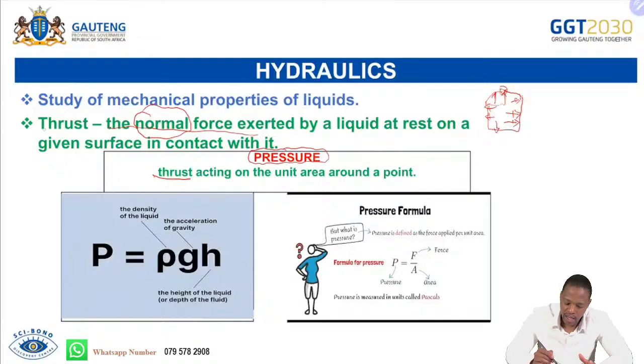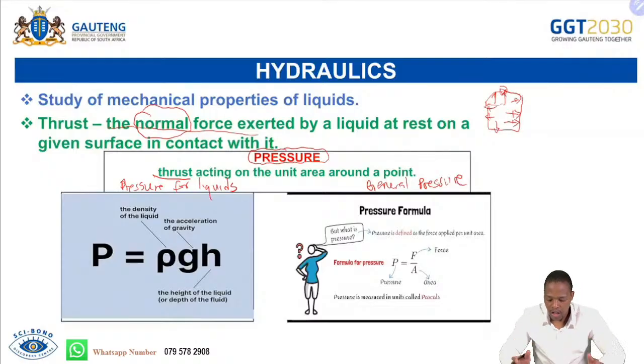And then we must understand that when we're talking pressure, we have pressure for liquids, and then we have general pressure. General pressure could be for solids and also other fluids such as gases, okay? But pressure for liquid is calculated using this formula, where P is equal to the density of the material multiplied by the gravitational acceleration and the height.